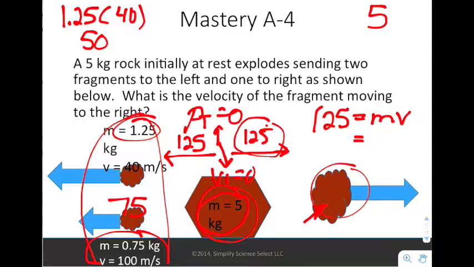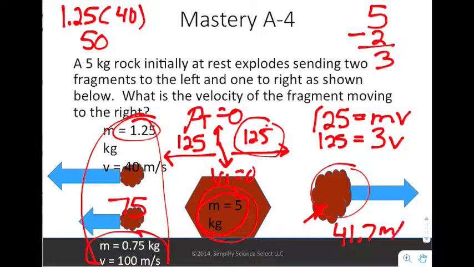So that means the fragments that move to the left are 2, leaving you a 3 kilogram fragment that's moving to the right. So you have 125 divided by 3 would allow you to solve for the velocity, which ends up being about 41.7 meters per second. And that is, of course, meters per second to the right.